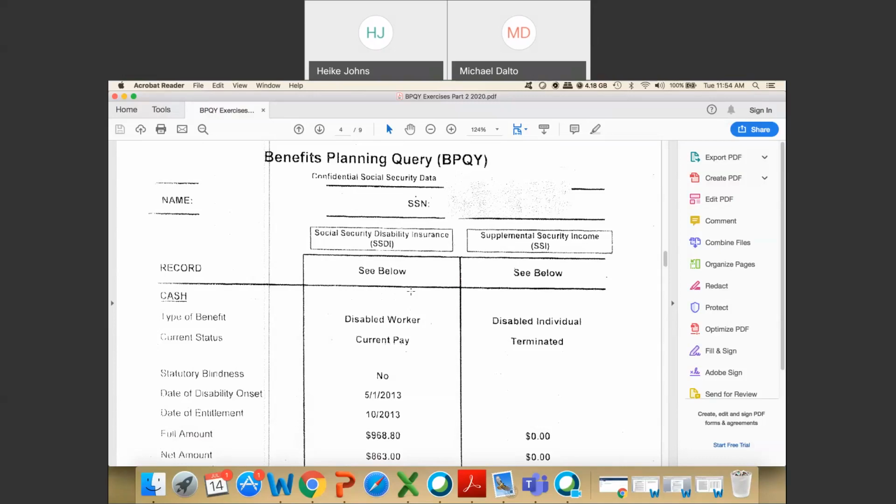And now what you want to do is determine from those 2 tools if the person likely had earnings that have not been reported, earnings that have not been reviewed by Social Security, and whether they may have done SGA within 12 months of onset.